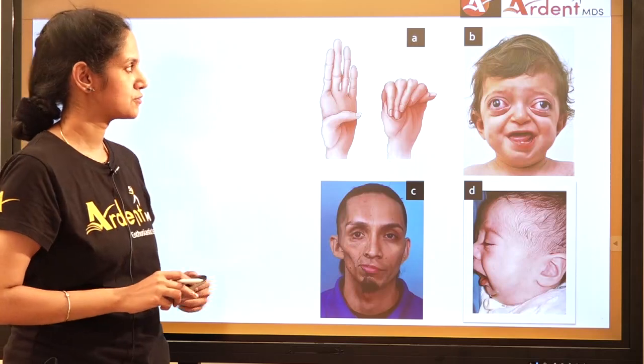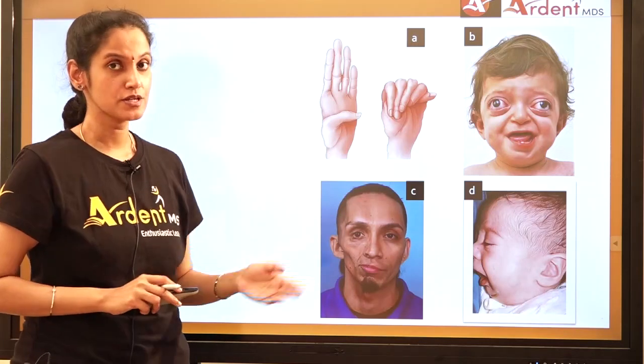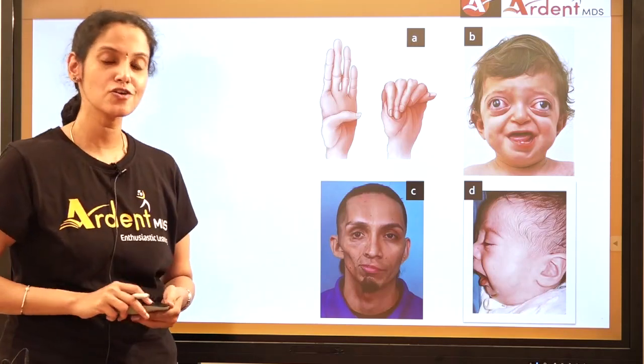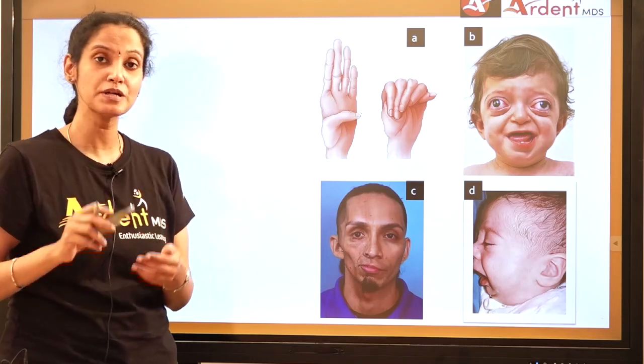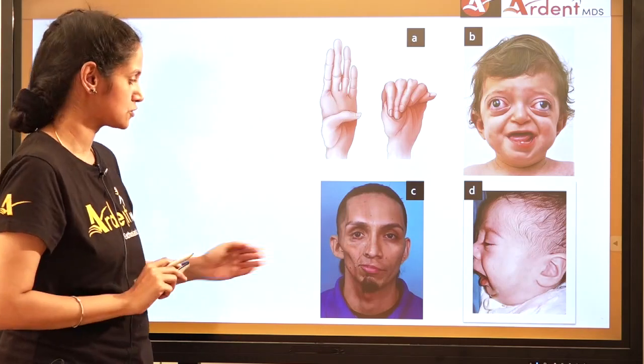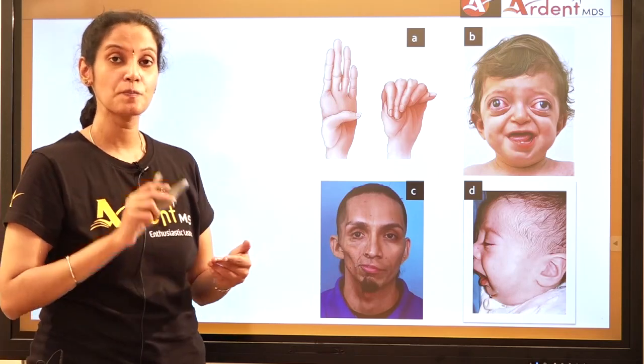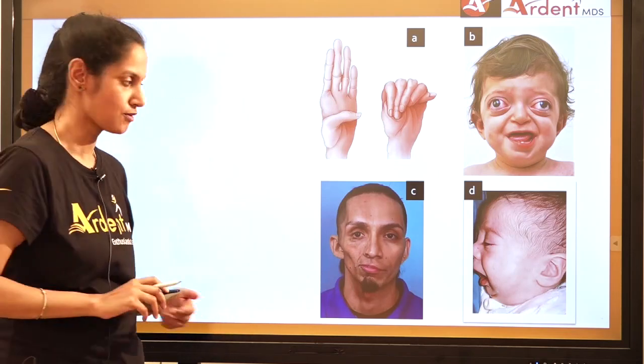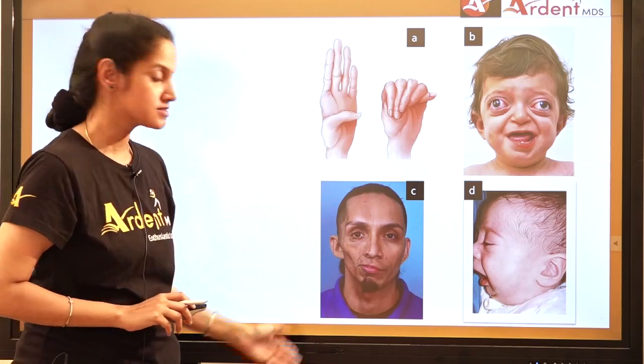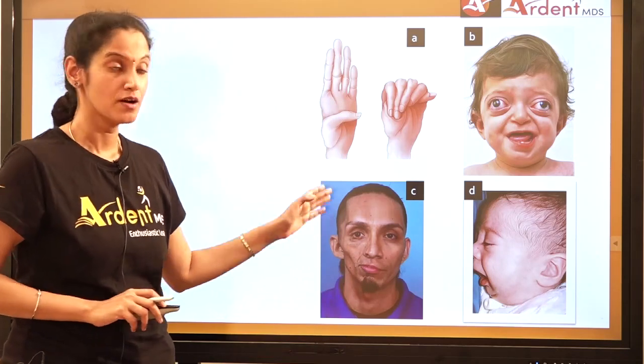That is Marfan syndrome. Picture B, the option given was Crouzon syndrome. It's a synostosis condition where there is a premature fusion of the cranial sutures. Here, this is Parry-Romberg syndrome, progressive hemifacial atrophy, where atrophy occurs in one side of the face progressively.